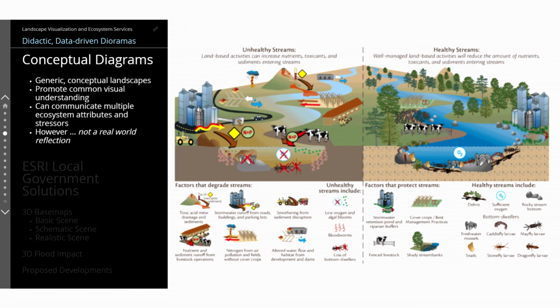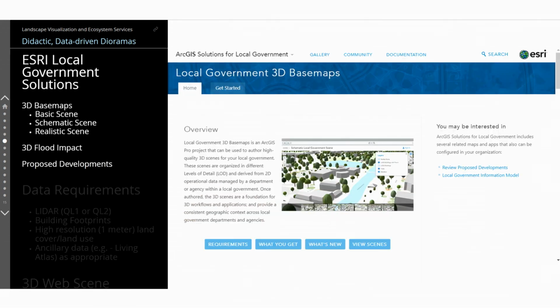This is a conceptual diagram, a graphic showing good and bad cartoon illustrations, if you will. This kind of thing is used a lot. But I've always felt we can do a lot better than this in terms of a cartoon graphic. We should be able to leverage 3D landscape visualization to have actual place-based representations of these ecosystems.